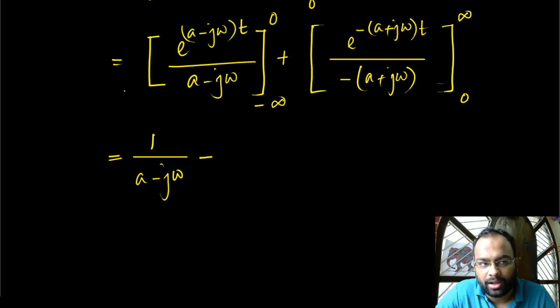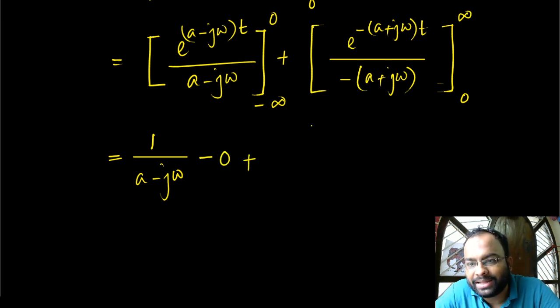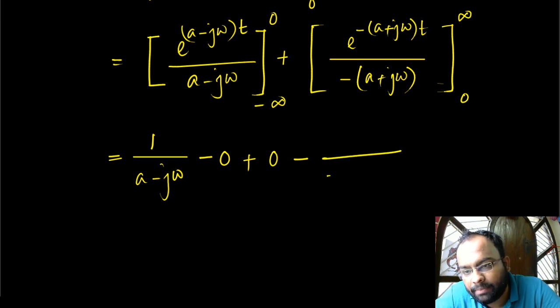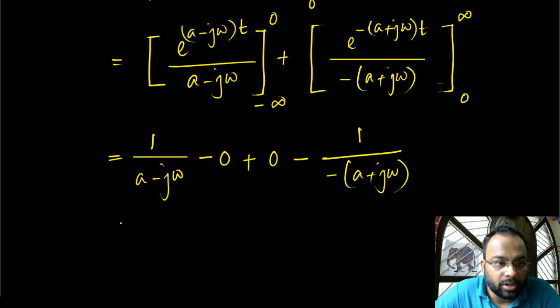Yes, I think your answer is correct. So if I put minus infinity, the result is 0, of course. And similarly, if I put plus infinity, it's 0. And if I put 0, I have another minus sign, a plus j omega, and on top I have 1.